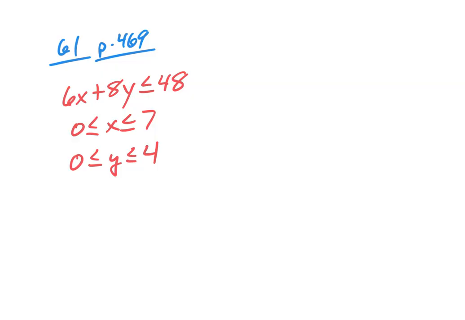This one only has one standard form equation, and then it has an equation with x's and y's. We kind of talked about that on Friday a little bit, of what that would look like and how that's going to limit our answer a little bit. And then on the last one it had the letter F. This one has the letter P. P equals 17x minus 3y plus 60.